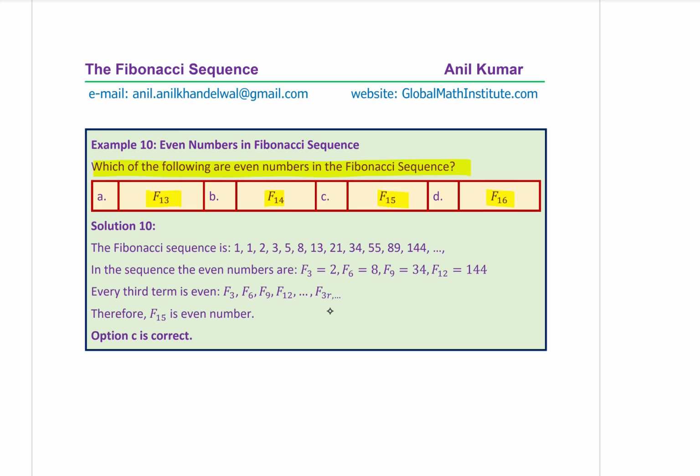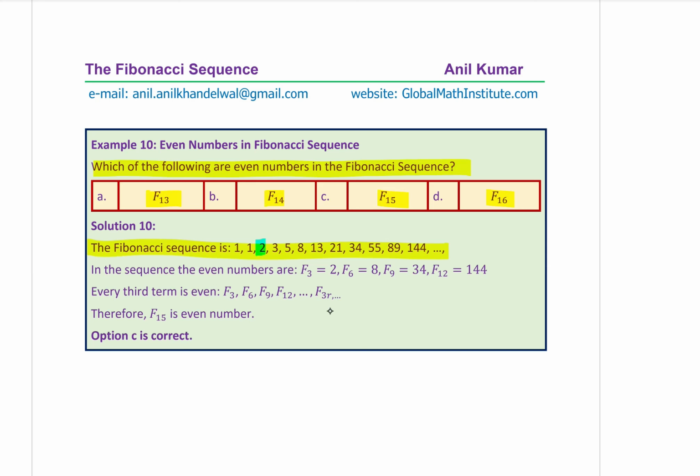So we know F12 is 144, right? Which was an even number. Okay. Now, what I've done here is written the whole sequence up to F12. We've been working with it: 1, 1, 2, 3, 5, 8, 13, 21, 34, 55, 89, 144. Let us see which one of these are even.